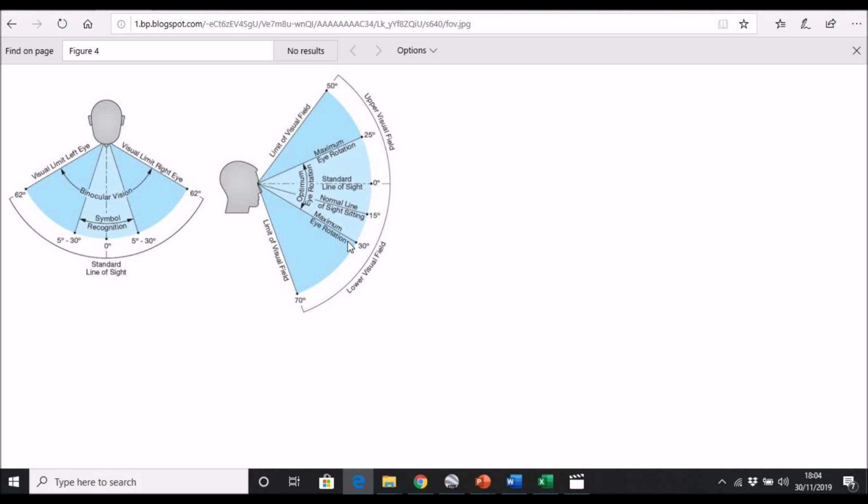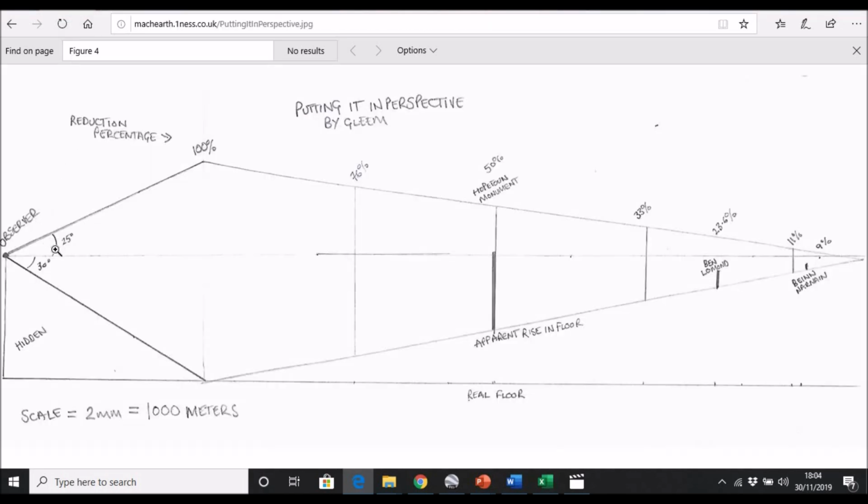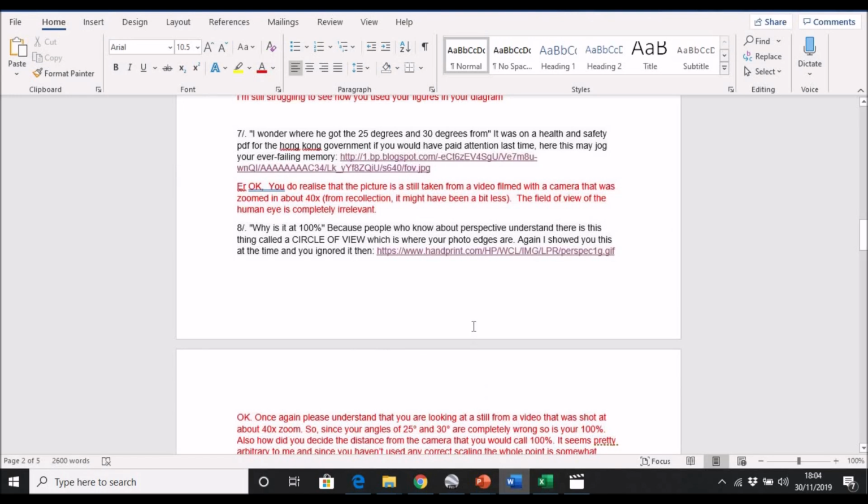The field of view that you can perceive accurately is much smaller than that. Why he would use those figures for these angles here in his diagram is beyond me.